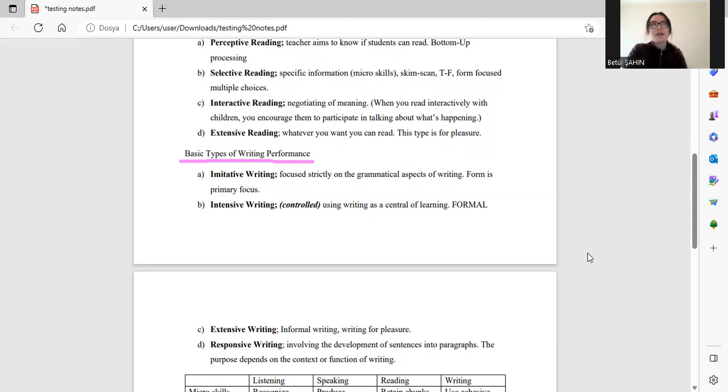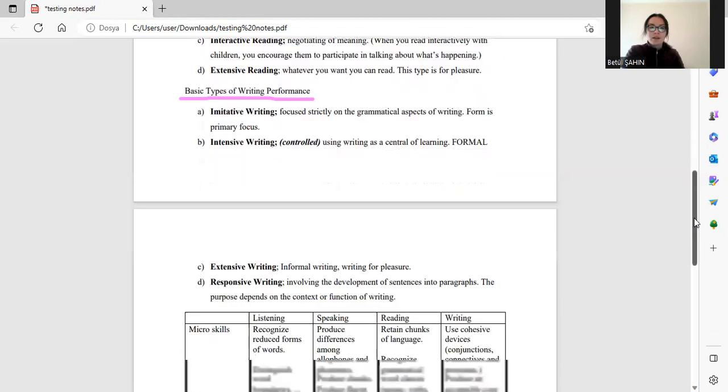We can give an example for this. It's a kind of writing classes. And extensive writing. This is informal writing. You can write, for example, dailies.